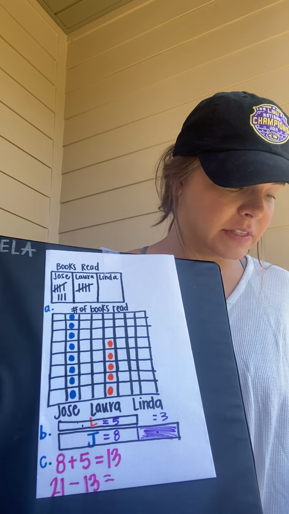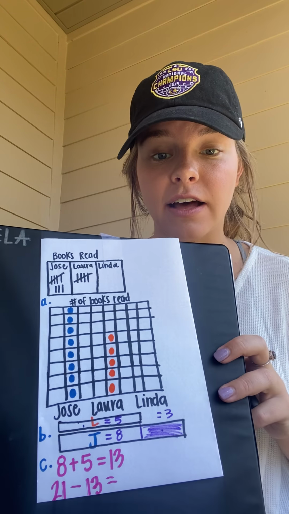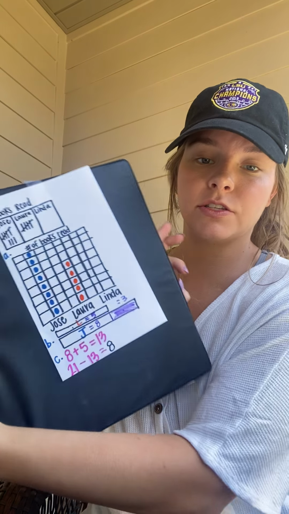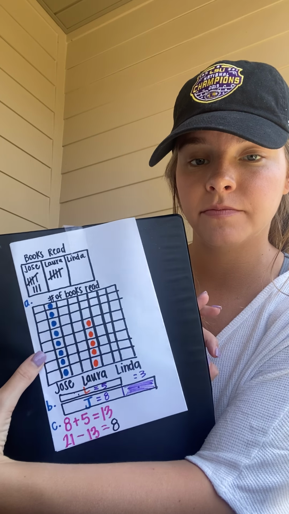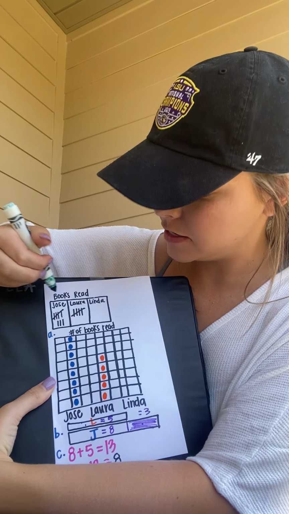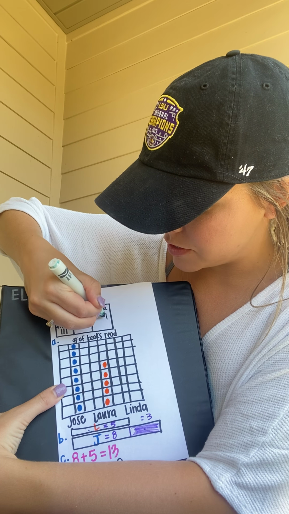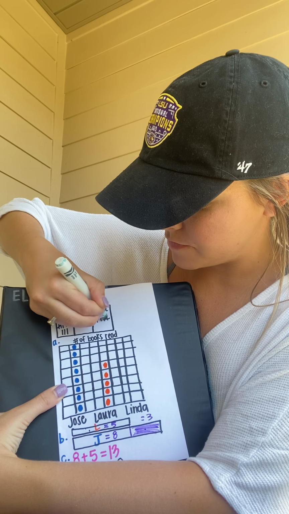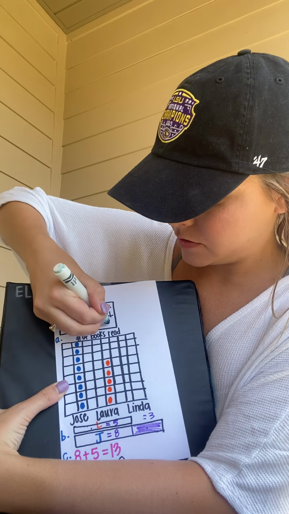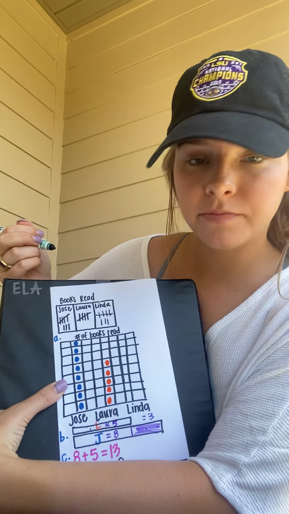So now, D, all it says is to fill in the tally chart. So we need to fill in, first of all, that 21 minus 13 equals 8. And then we need to fill in Linda. Linda has 1, 2, 3, 4, 5, 6, 7, 8.